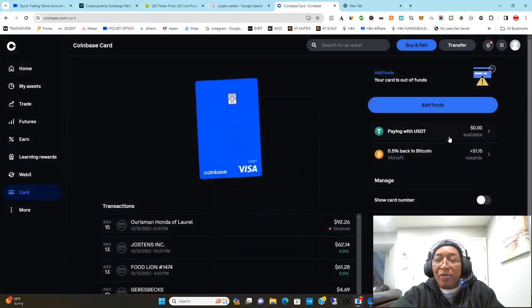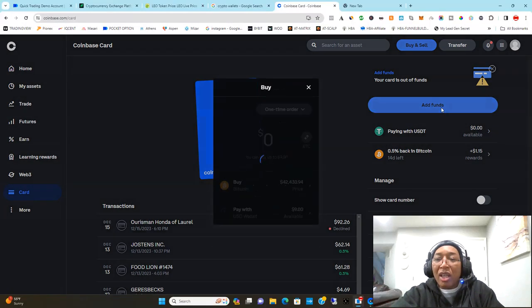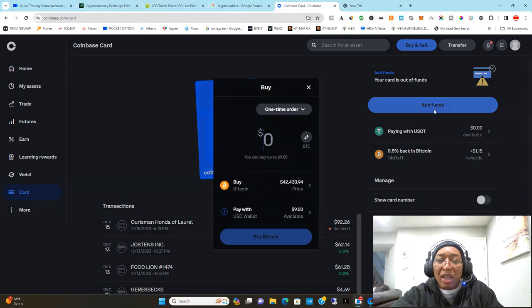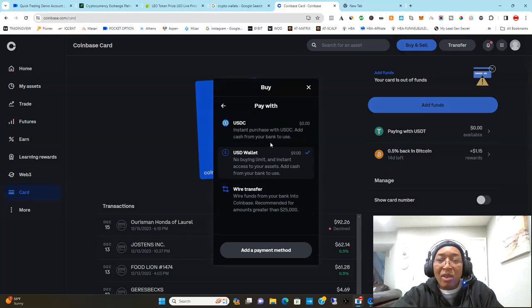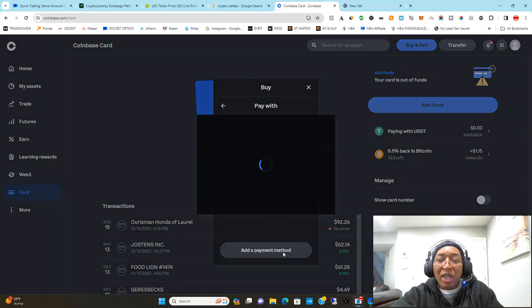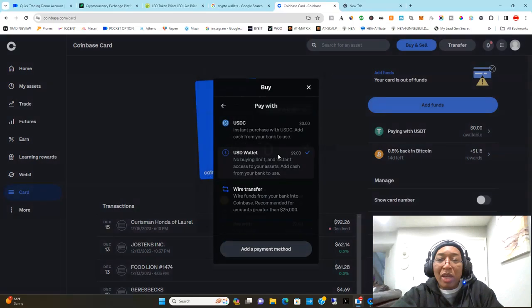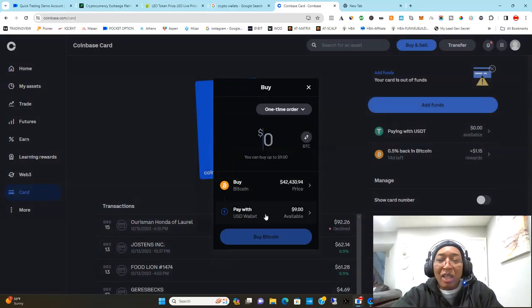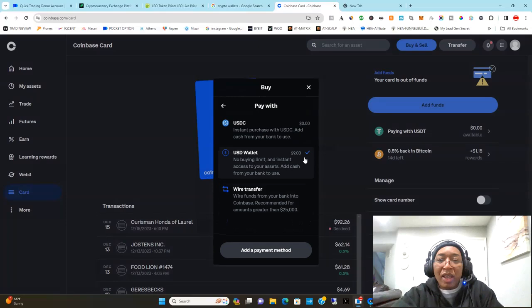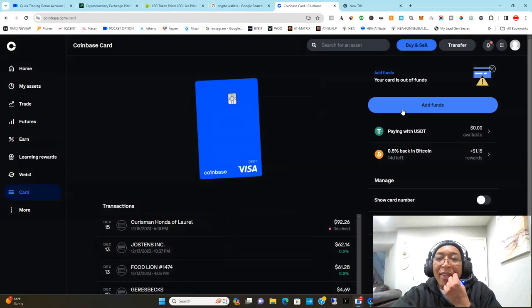You can use a different one. Okay, here you see it says pay with wallet, so you have that $9 wallet. There you go. So you can pay that using your wallet. Okay, so you just say pay with wallet. There you go, and you just add funds.